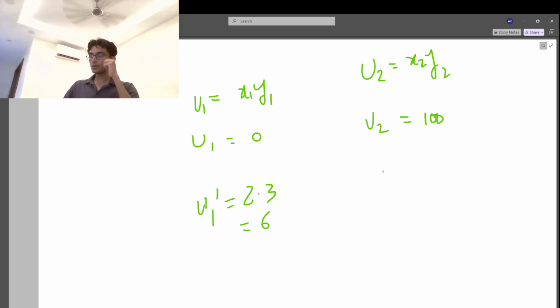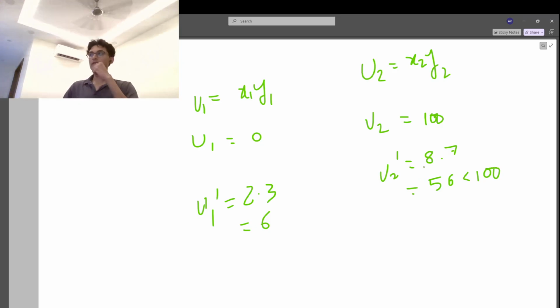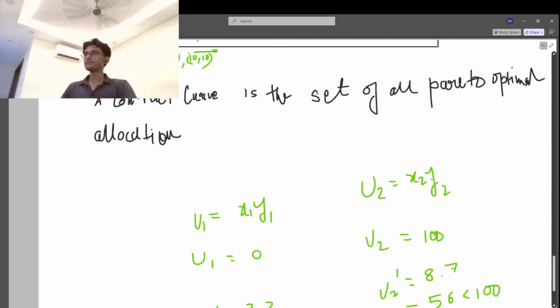But now individual 2 has 8 units of x and 7 units of y. So individual 2's utility will be 8 into 7, which is 56, which is obviously less than 100. Individual 2 is worse off now.